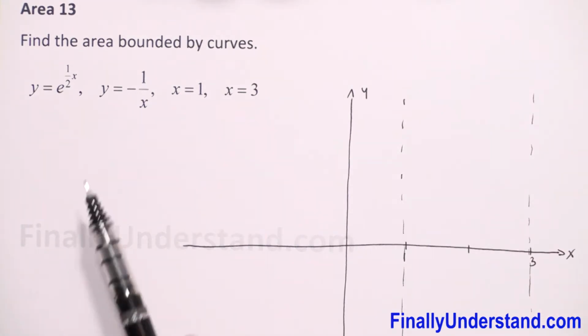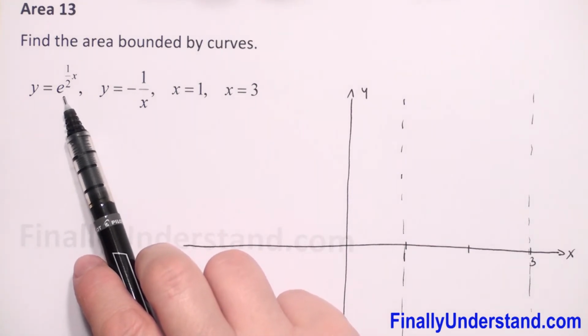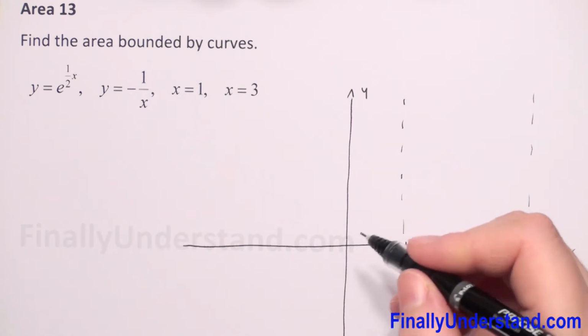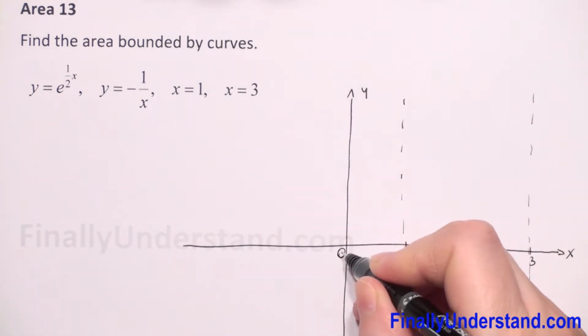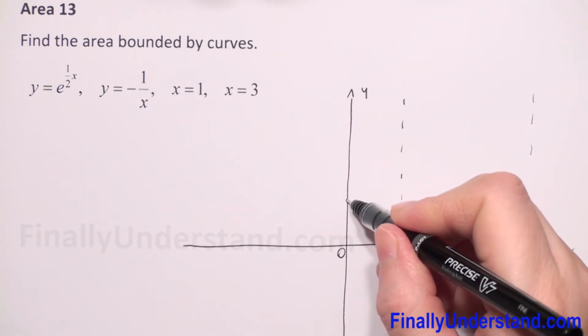Next, I will have to draw the graph of y equals e to power 1/2 x. We know that this is an exponential function. This graph is in the first and in the second quadrant. For x equals 0, we will have e to power 0, which is 1.